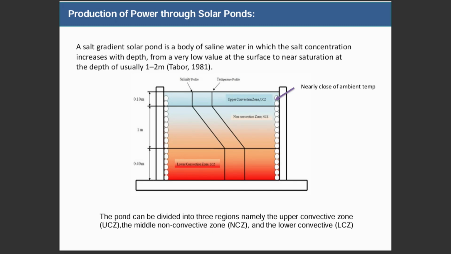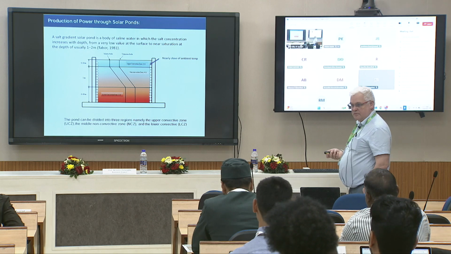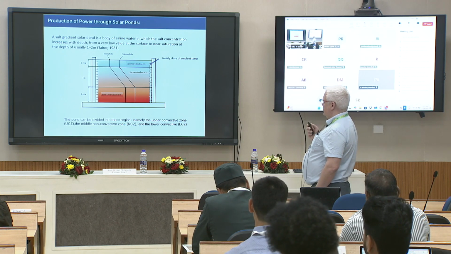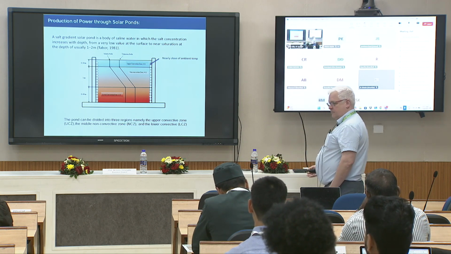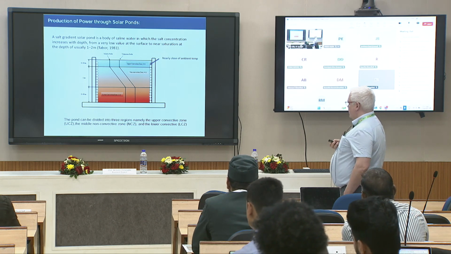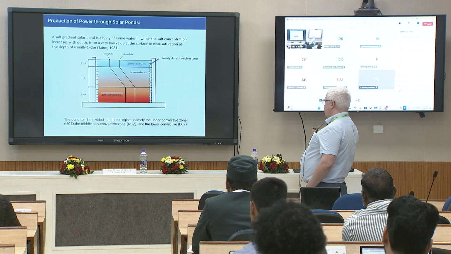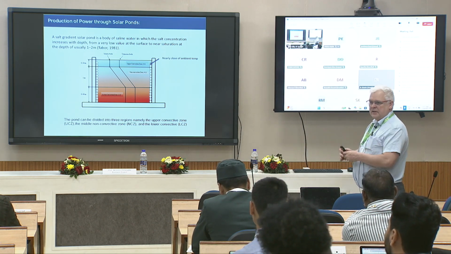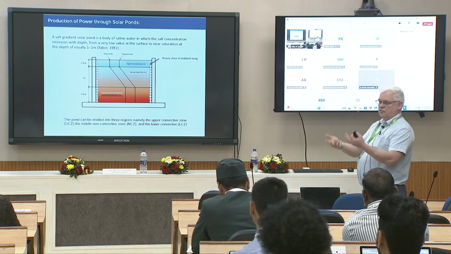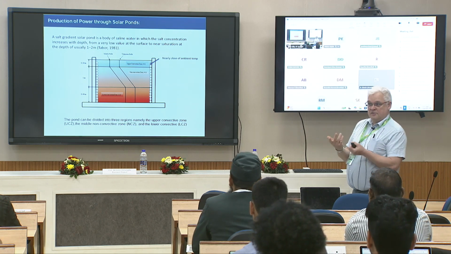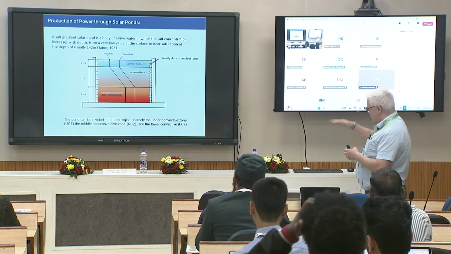This solar pond is composed of salted water, and the salt concentration increases with depth. Of course, the density of water is higher at depth, and very low at the surface. At the surface there is evaporation due to the sun radiation, so the salt concentration is lower than at the bottom.